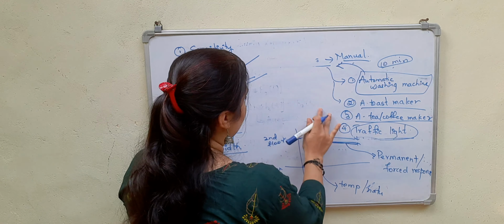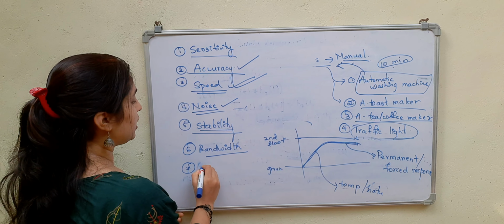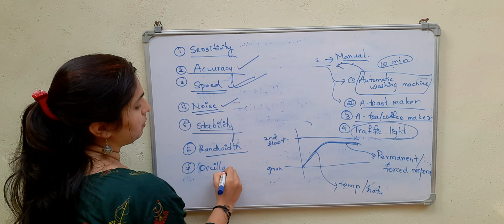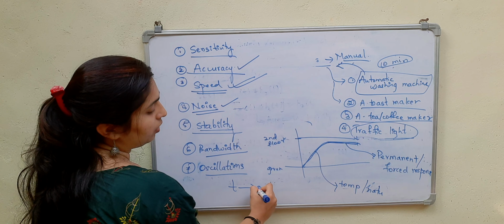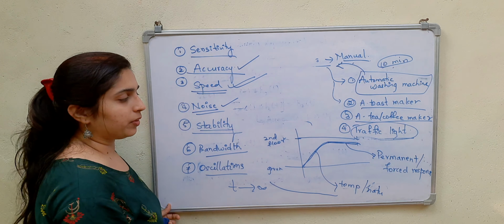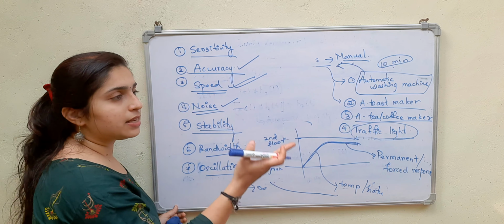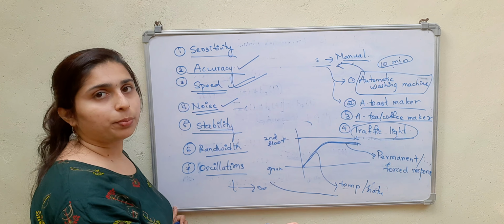And oscillations. Next comes oscillations. Oscillations should be very few. That means when t approaches infinity, your natural response should decay. It should become zero. Otherwise, there will be oscillations. What happens if your oscillations don't stop?